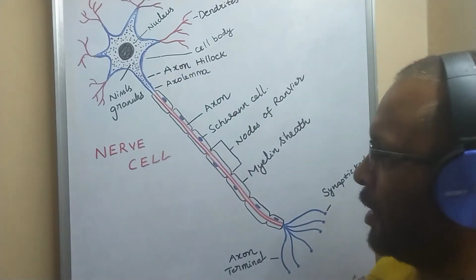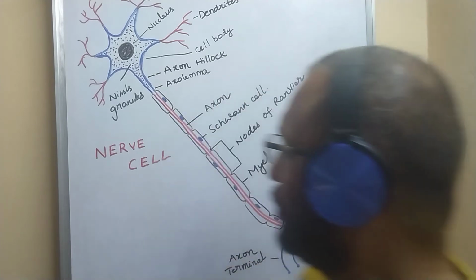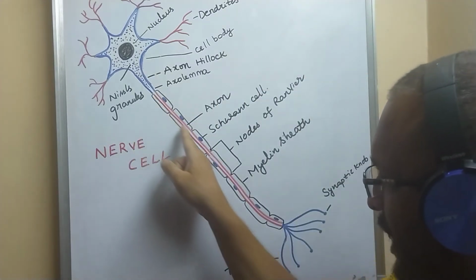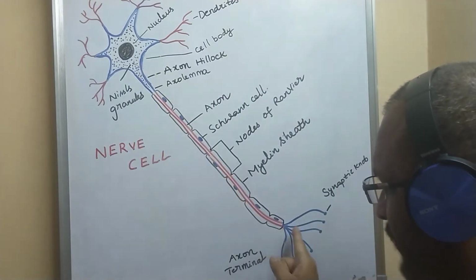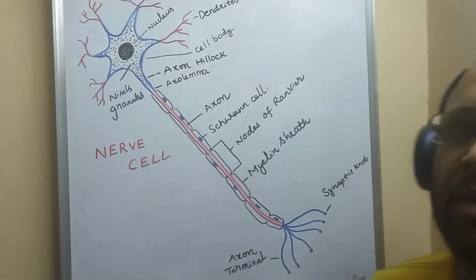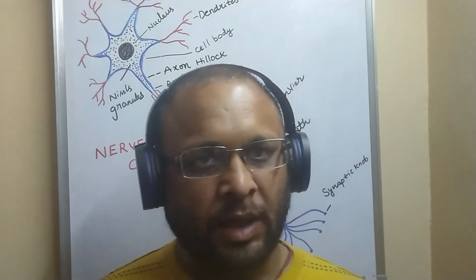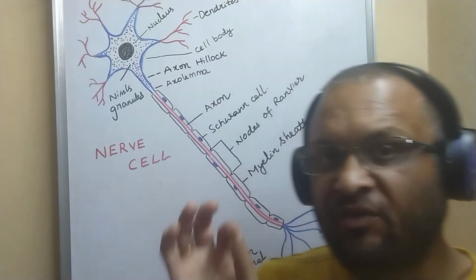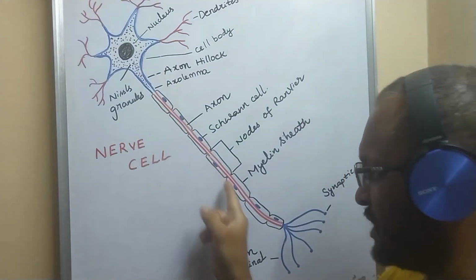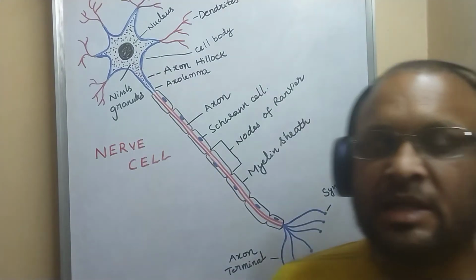Next, you can see an elongated fiber-like structure. This is nothing but the axon. What is the function of the axon?